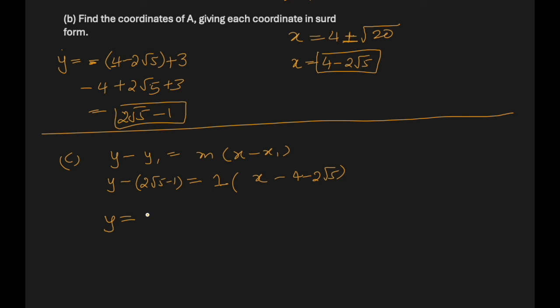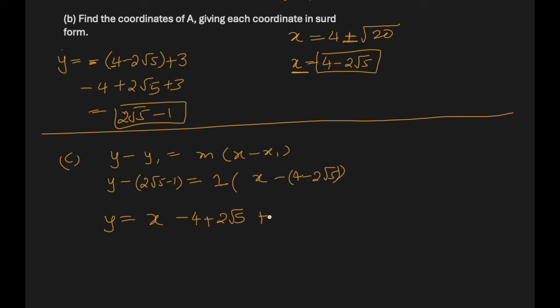1 times x is x. 1 times this will be minus 4 plus 2 square root 5, because the whole x1 was subtracted, no? So this will be in a bracket kind of, and because of opening it, it will become plus.